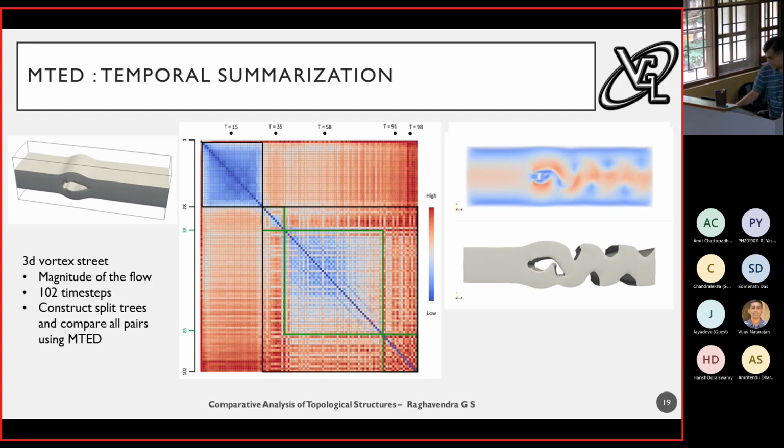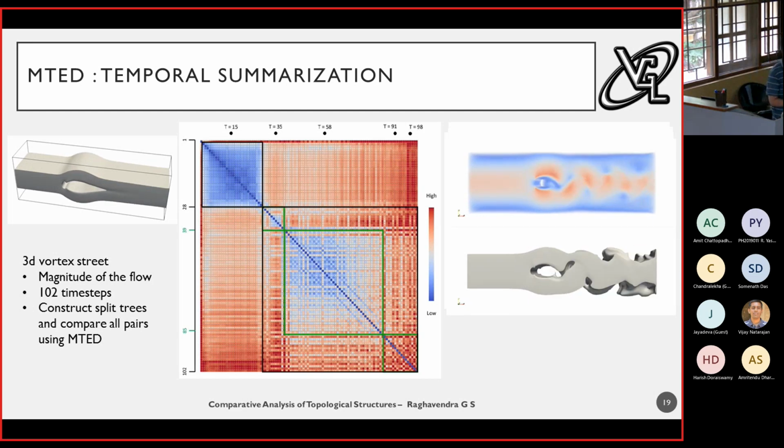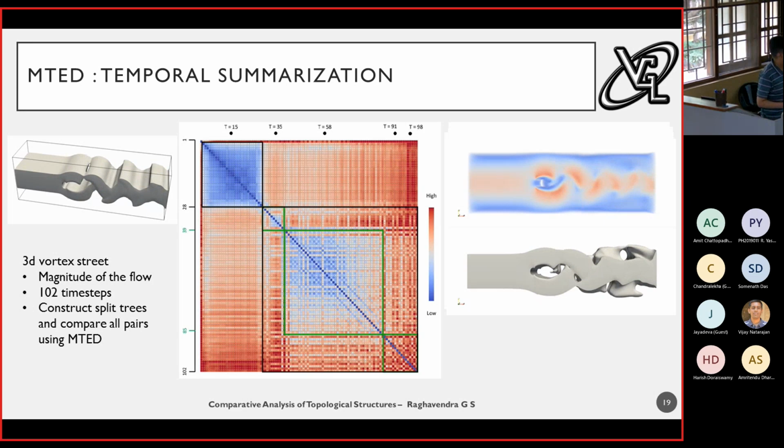And finally, towards the end, the vortices become quite distorted, and we see that distances are all high due to that. So by doing this kind of an analysis, instead of considering all the 102 time steps, we can pick regions where activity is similar, and we can summarize the whole phenomenon by considering only those similar blocks.